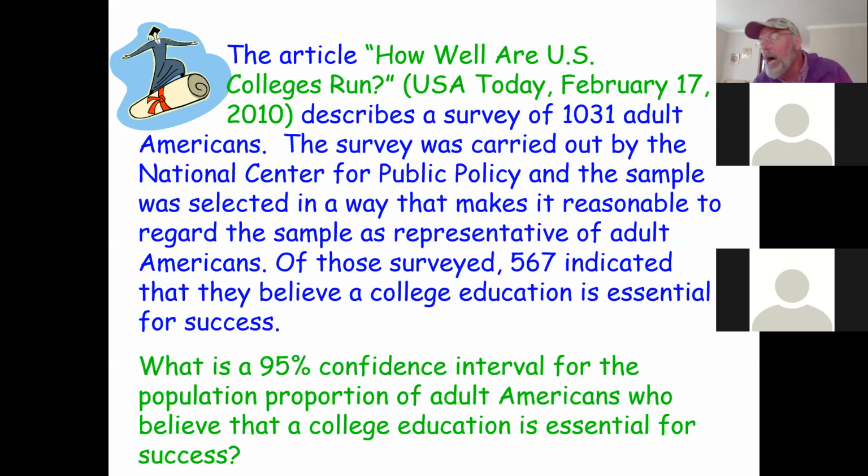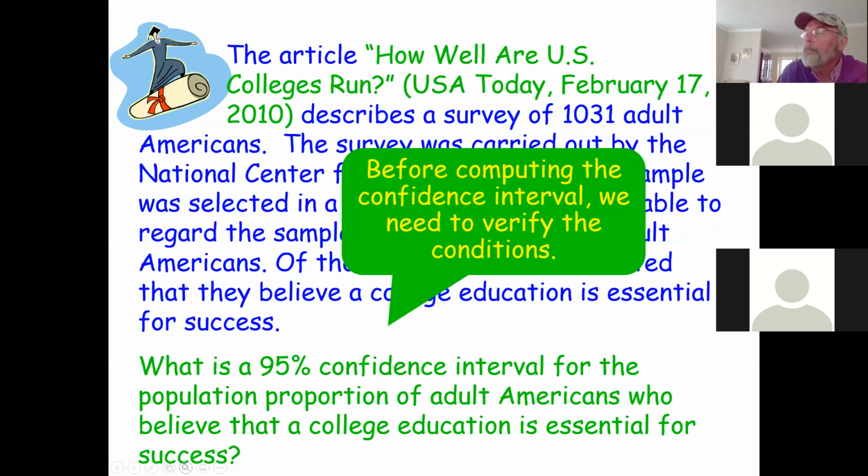So what is the 95% confidence interval for the population proportion of adult Americans that goes along with this problem? All right. Are you still following me? Yeah. Okay, very good.